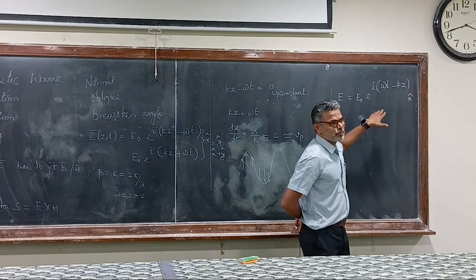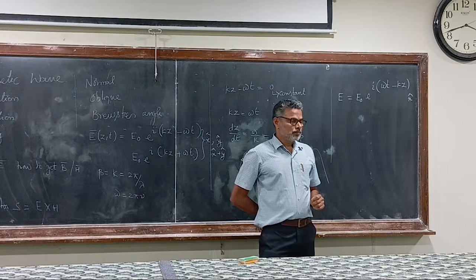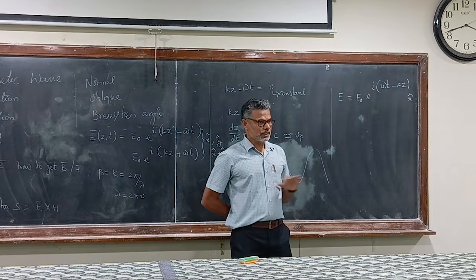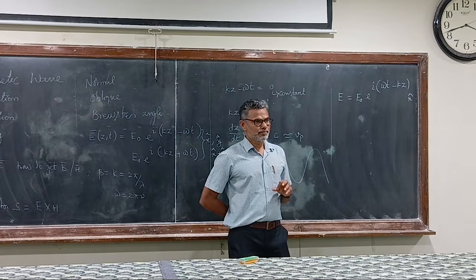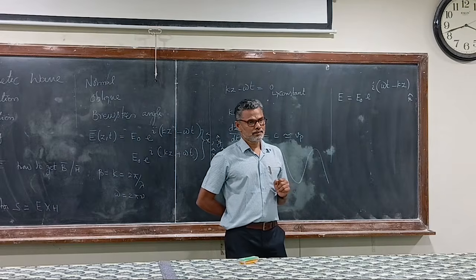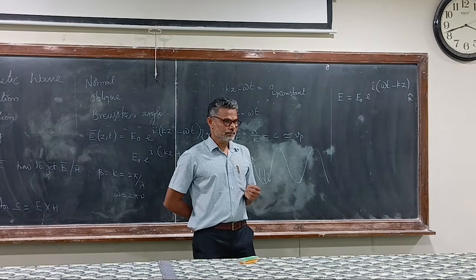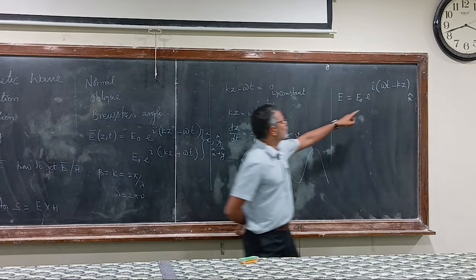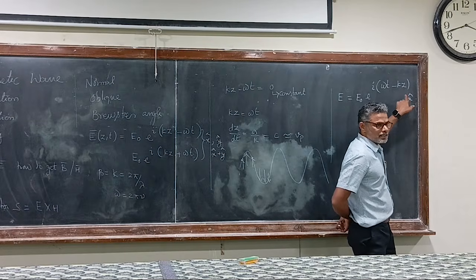And the propagation direction, in which direction does this move? Z direction, positive or negative? Positive. Why? Why are you saying positive? But this is the minus, yes. Minus kz, right? Is it minus z or plus z?